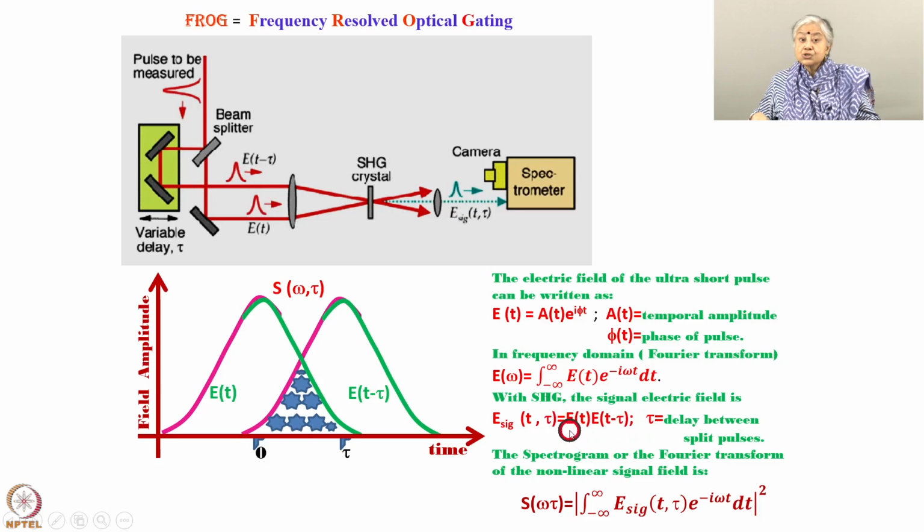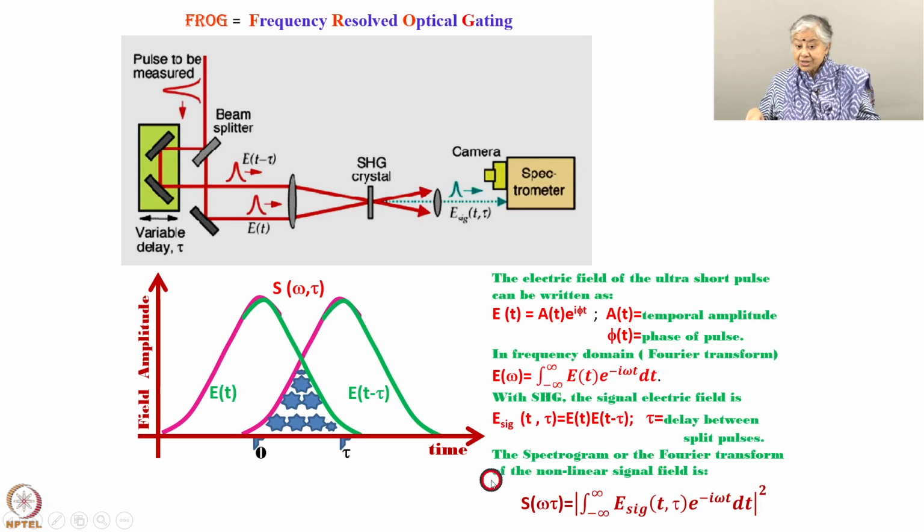And it is auto-correlated, remember, because the same pulse is correlating with itself. So, by this I get the correlation between the two pulses. Tau is the delay between the split pulses, this you can understand.